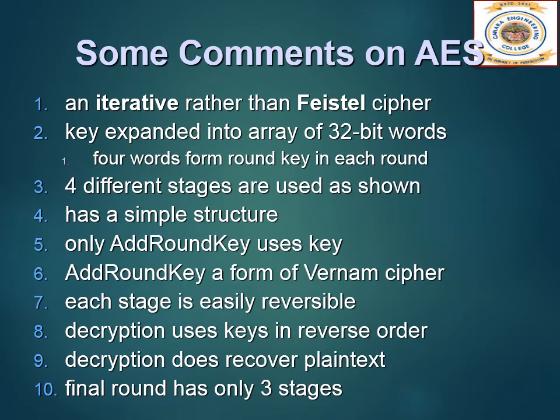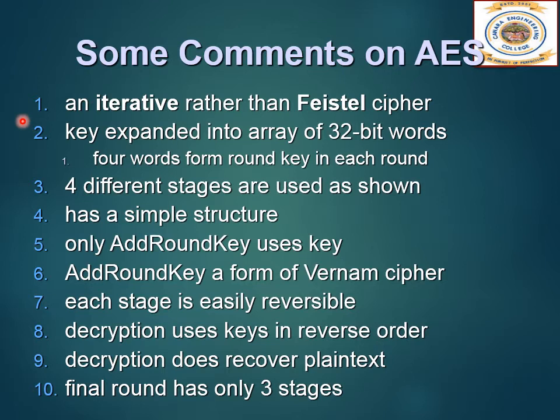Before we learn in detail about each stage of the process involved in AES, we can make several comments about the overall AES structure. DES has a Feistel structure, whereas AES is not a Feistel structure. In a Feistel structure, we divide the plain text into 2 halves, and the round function is applied to one half, and later the 2 halves are swapped.